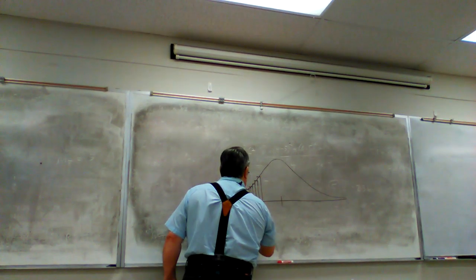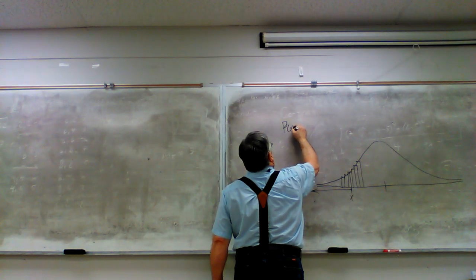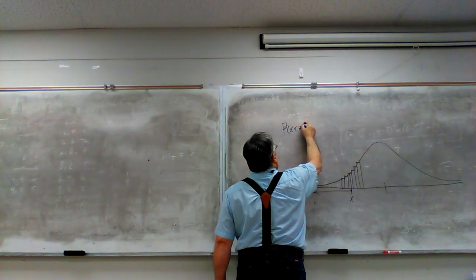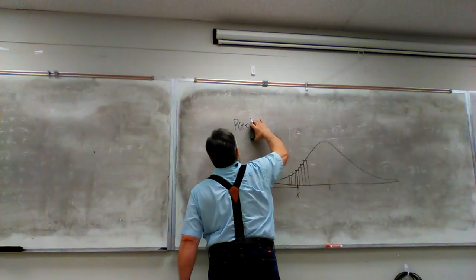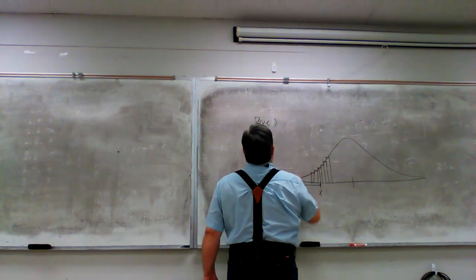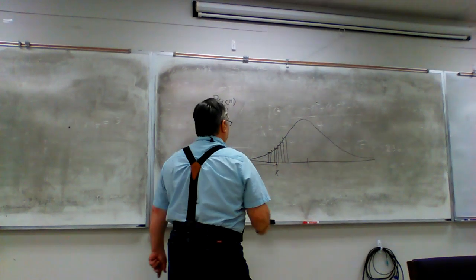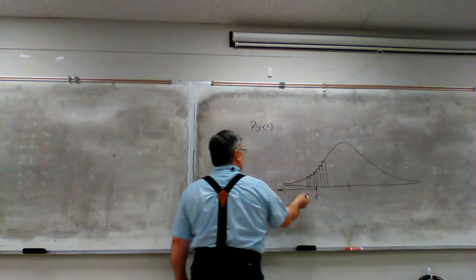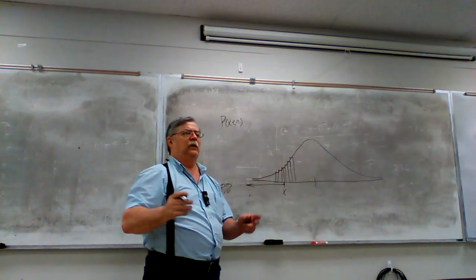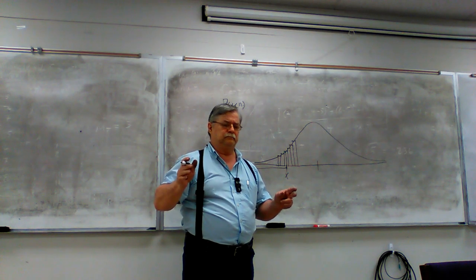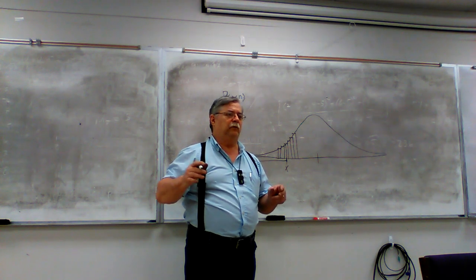So you would say, if you're looking for the probability of x less than, let's not use z, let's say x less than n, then you would look up the z value for n, but then you would add the, remember the boundaries in a discrete distribution?